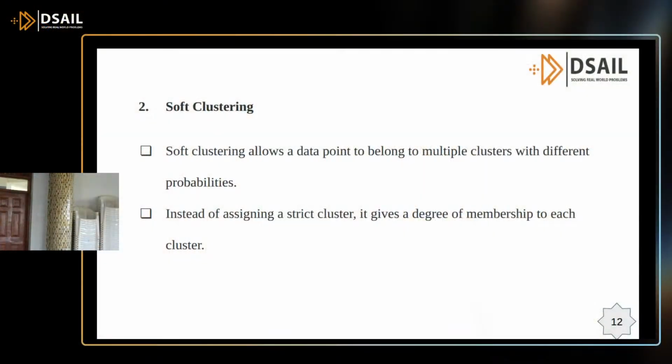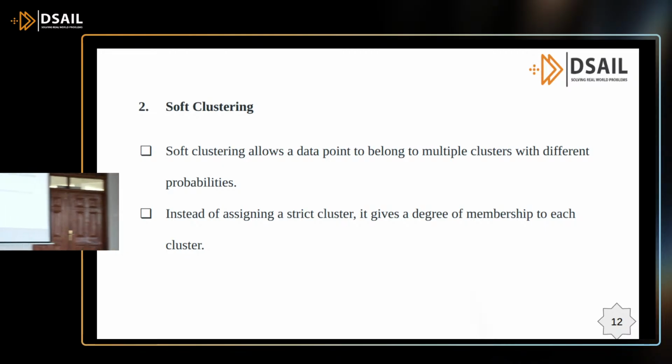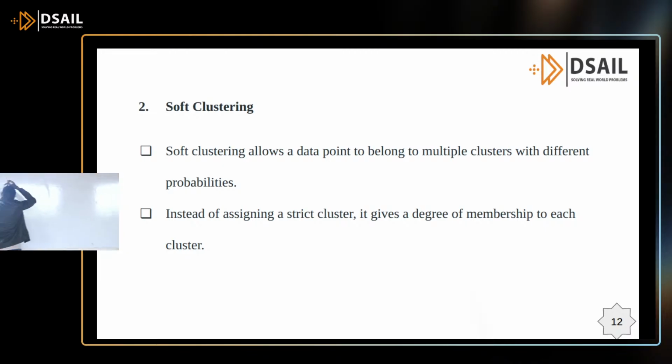So another example is soft clustering, and for soft clustering is now where we end up having an intersection. For example, in this case, if these are clusters, let's say we have a data point here, and then you're having something like this.